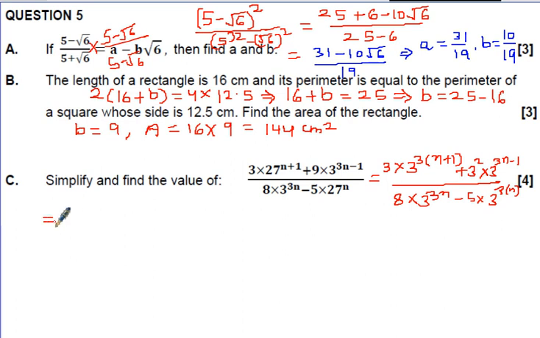Now if you see, 3 raised to n is everywhere. Or you can have one more step if you want. So you can write 3 raised to 3n into 3 raised to 3, because when you multiply 3n plus 3 it will become, plus 3 square into 3 raised to 3n into 3 raised to minus 1.